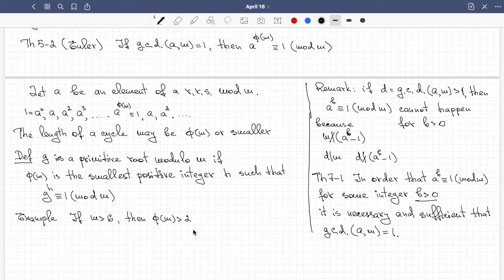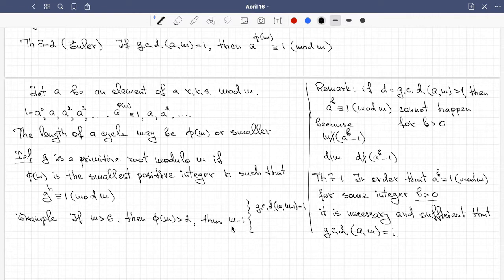From here, we can conclude that m minus 1 is an element of reduced residue system modulo m. I will note that the greatest common divisor of m and m minus 1 is 1.